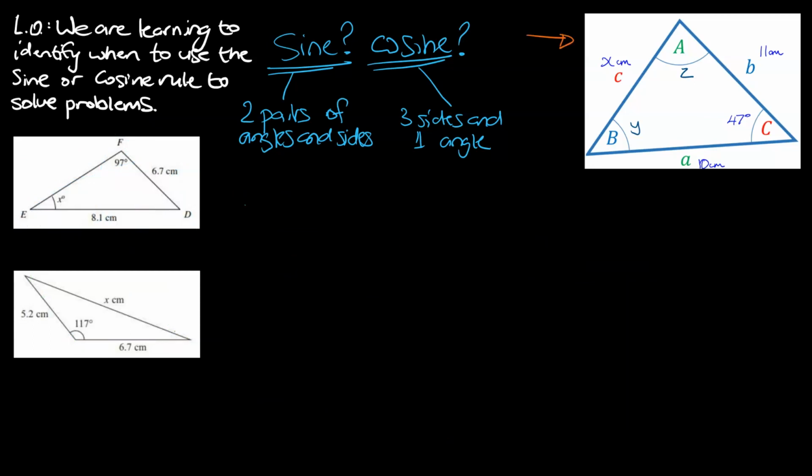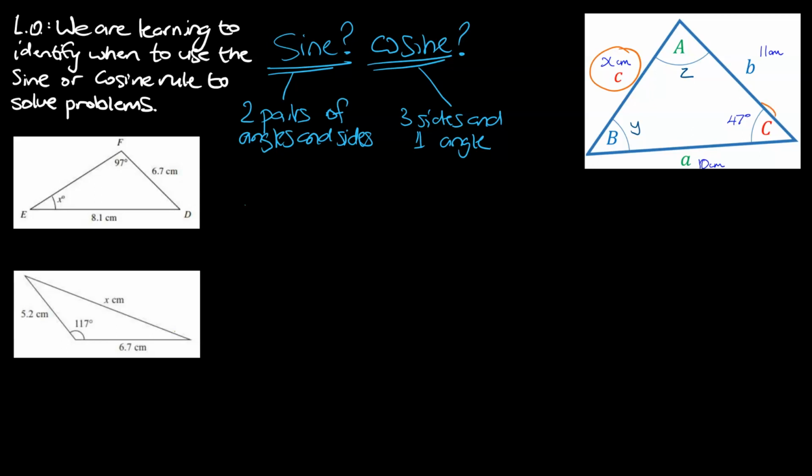What we're trying to do here is find side x, angle y, and angle z. To start off, it looks like I've got less work to do with the sides, so I'm going to have a go at calculating side x first. From here, we need to inspect what information we have.